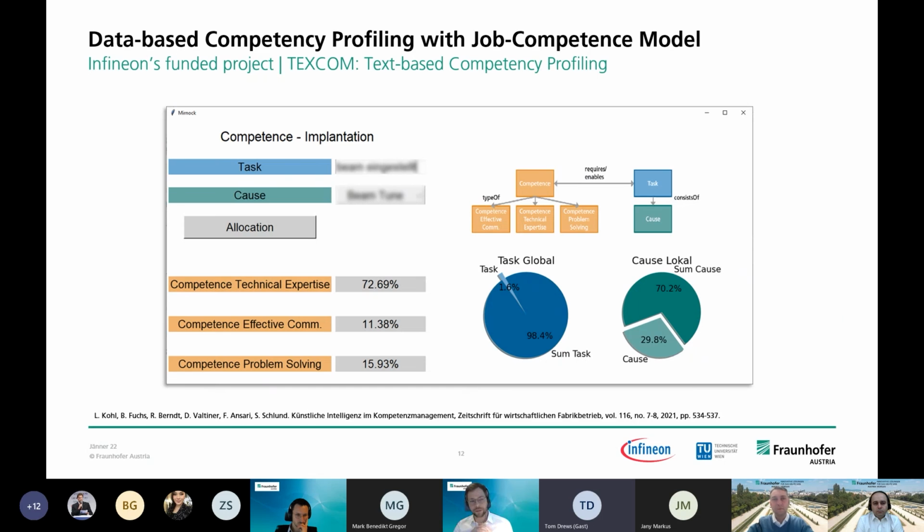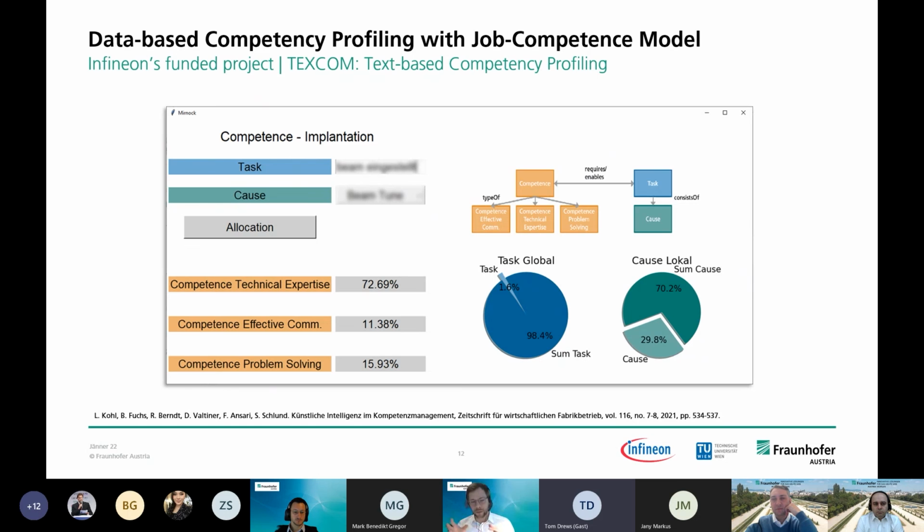This is a rather classic task, but if it is a more rare task, the technical expertise level drops down and you need more problem solving, more effective communication. Therefore, you need a more experienced person because this person needs far more problem solving skills than classic technical skills to solve the problem.